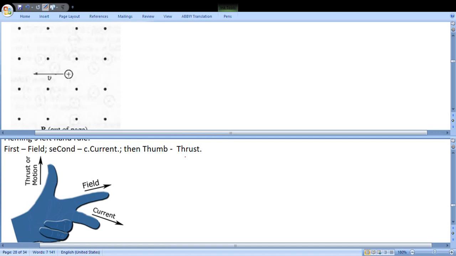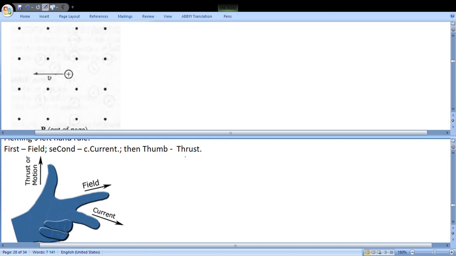So fold all fingers, open the first finger, and point it towards you out of the page, because the magnetic field is this way. Then open the second finger and turn your hand clockwise until it shows you to the left.